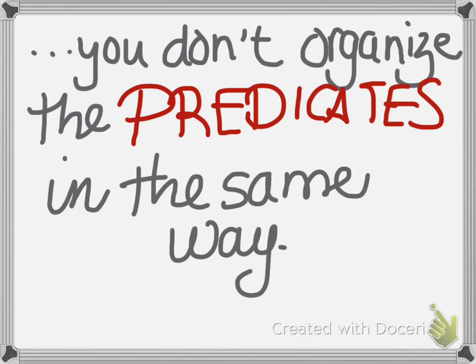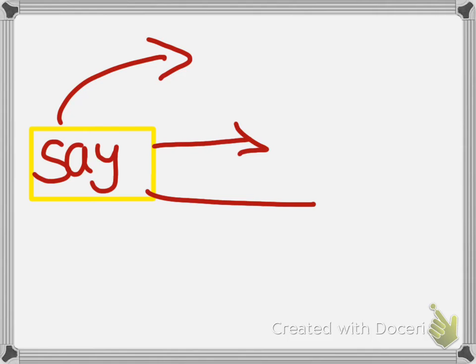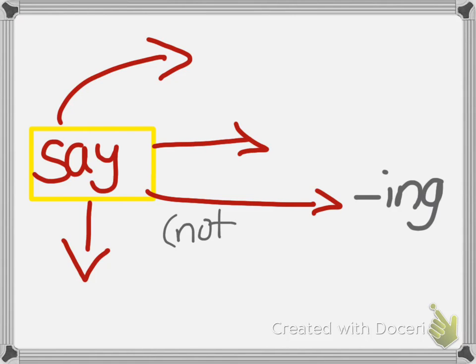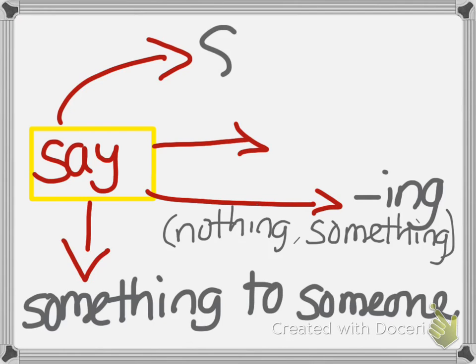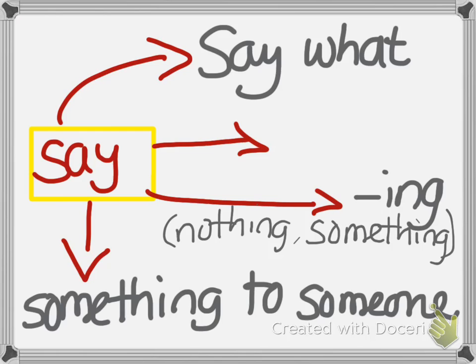The first is that you don't organize the information after the verb in the same way. With say, for example, you can say something. So it's usually, say is almost always used with ing. Say something, say anything, say nothing. You can say something to someone, and keep in mind that the information has to go before the person who gets it.